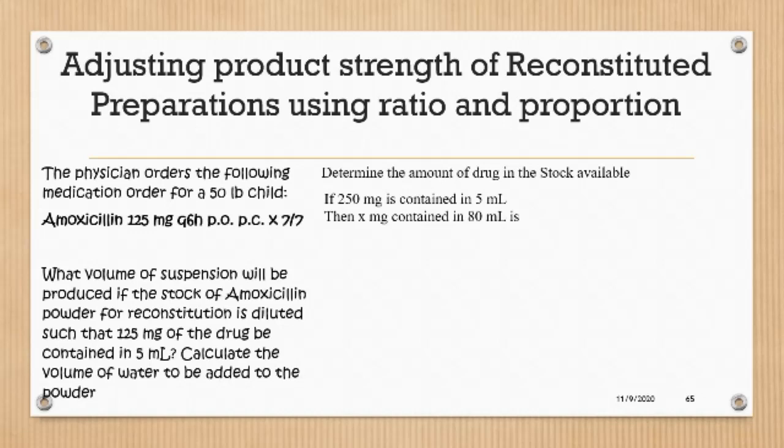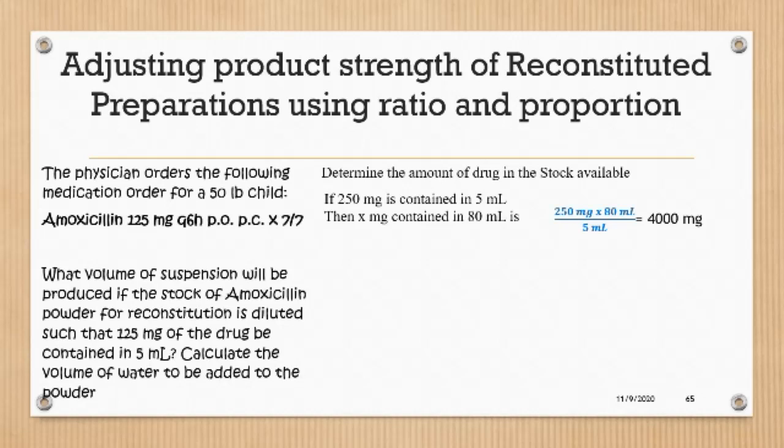So if I add my 55 mL to the powder, I'm going to end up with a concentration of 250 milligrams of drug in every 5 mL, and a final volume of 80 mL. So I can determine the total amount of drug in that 80 mL, which is 4 grams, as we have already calculated previously.